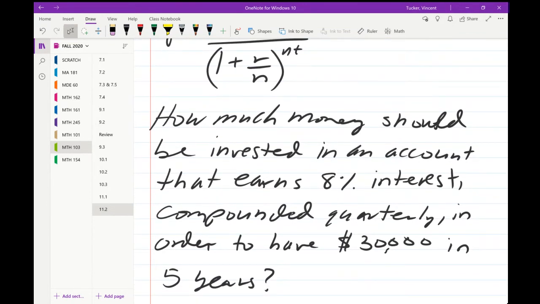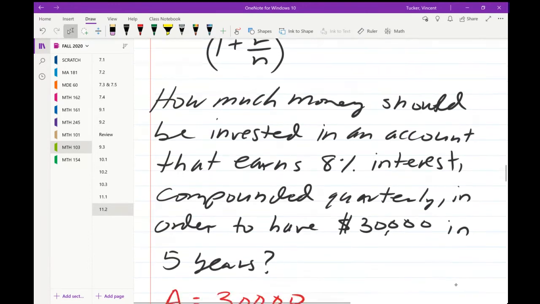So how much money should be invested in an account that earns 8% interest compounded quarterly in order to have $30,000 in the account after 5 years?